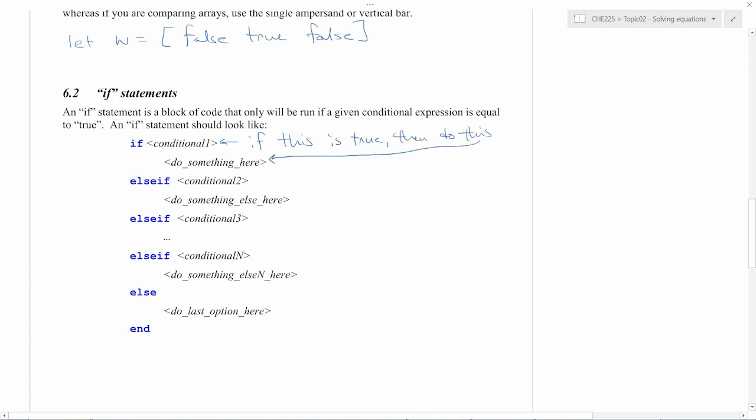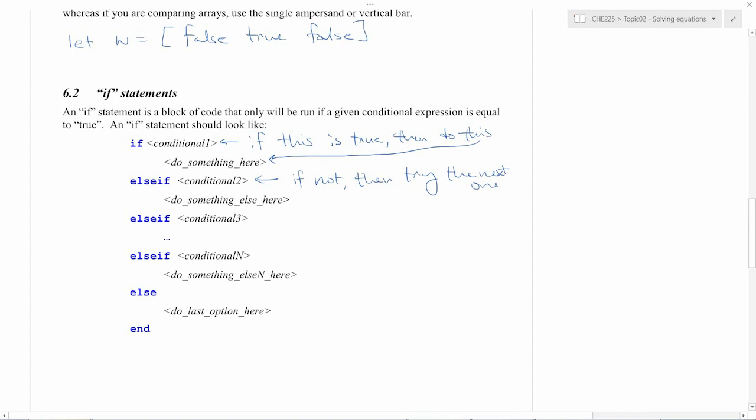So if that first statement is true, you're going to execute that first block of code. If not, then try the next one.